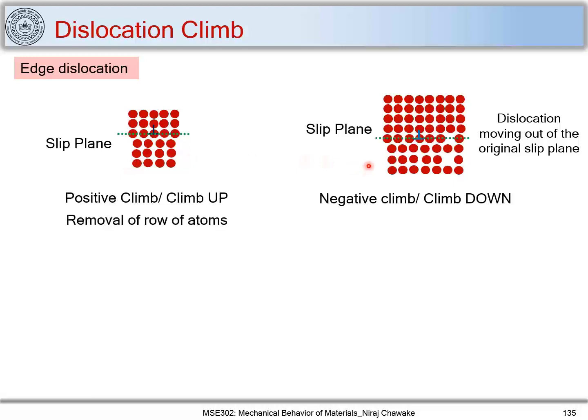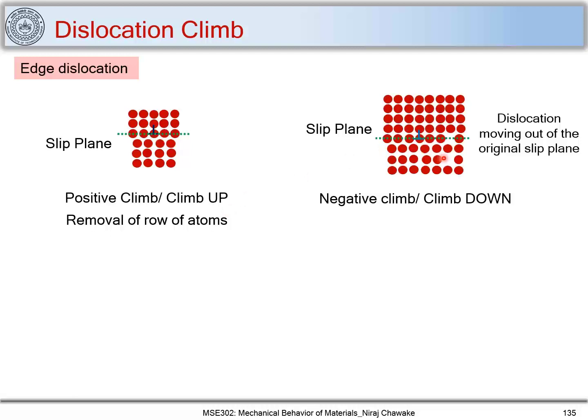Now you can say that in this process there was a removal of a row of atoms. You would have seen that we have created a vacancy and the atoms from an extra half plane moved to those vacancies, and thus we can see that there is a removal of a row of atoms.